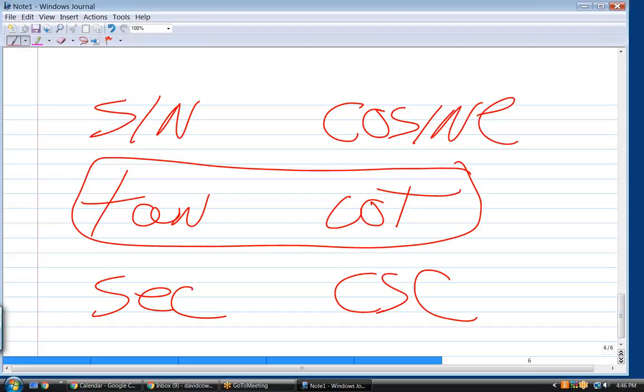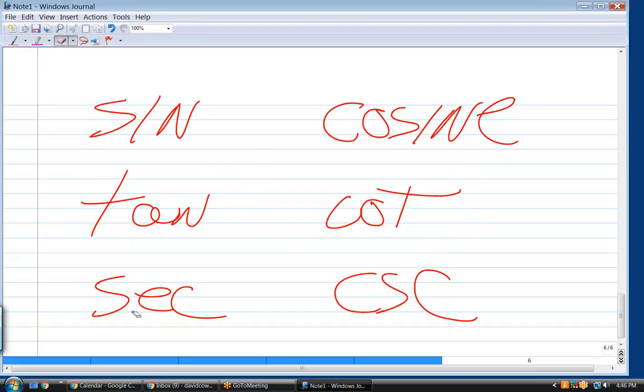It also is the cofunction of tangent. But with sine and secant, the cofunctions are different than the reciprocals. In other words, the cofunction of sine is cosine. Now, what does cofunction mean? It means this. And I don't know if you've even had this or not. I'm guessing you probably have.